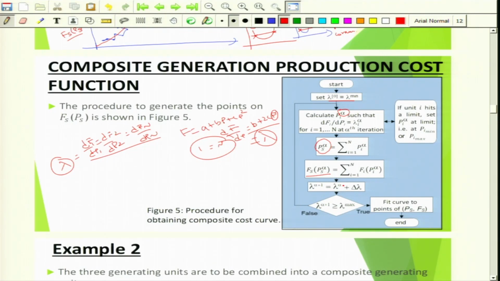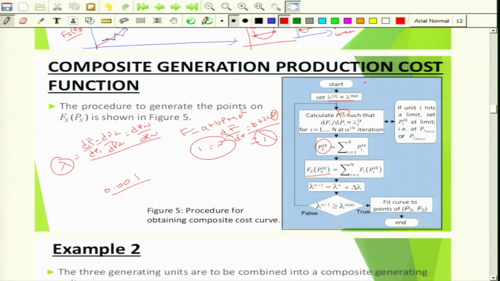That incremental lambda you can choose, it could be as low as 0.001, whatever it could be. Then you check whether lambda alpha plus 1 is greater than the maximum lambda. If that is the case, then you have touched upon all the generators. If that is not the case, then you again go and calculate the generators power output.